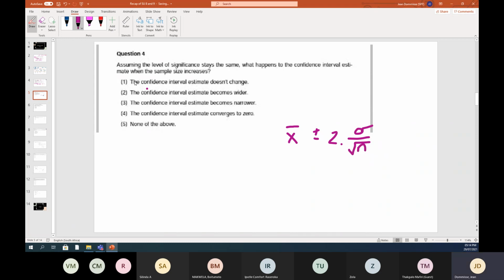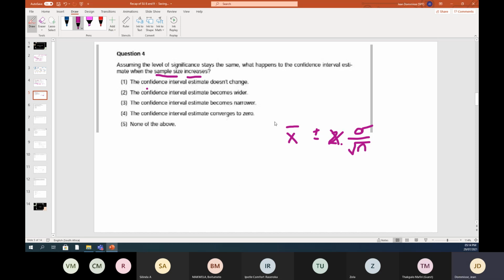Here they say, assume the level of significance stays the same. So we assume that stays the same, so we can take it out of the equation when we work with this. What happens to the confidence interval estimate when the sample size increases?